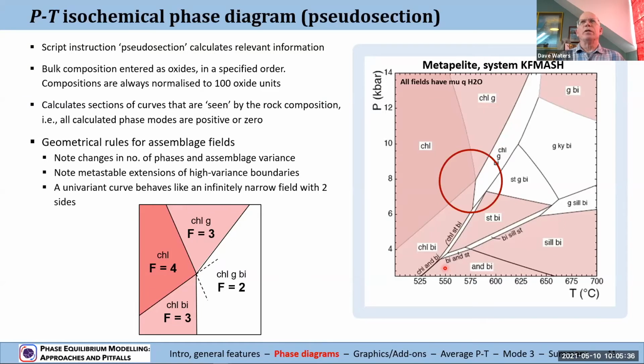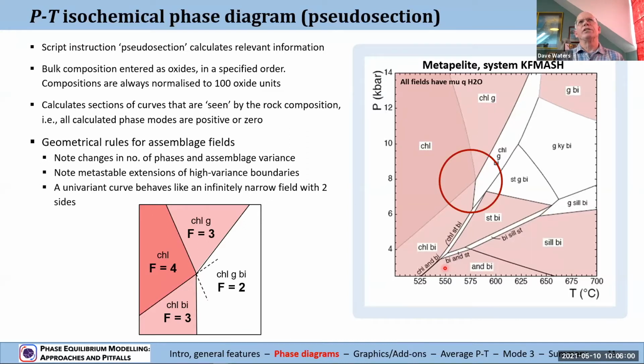When you come to producing or examining an isochemical phase diagram, this again is a nice simple one for metapelites in KFMASH. Again, it's from the old materials. This is what you get if you insert a bulk composition of a rock that you want to investigate.